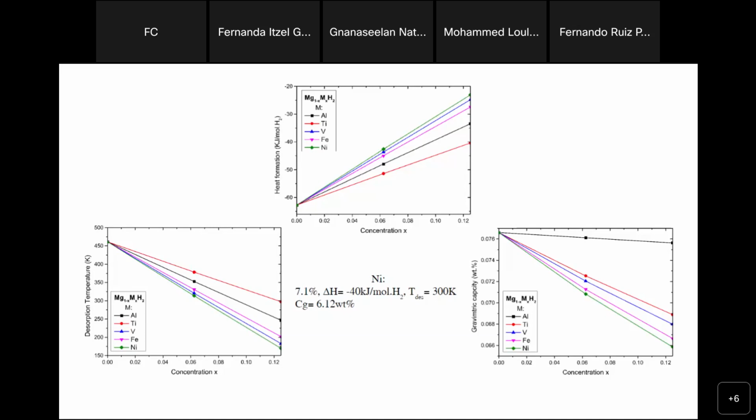We obtain a formation enthalpy equal to 140 kilojoule per mole of hydrogen, a desorption temperature of 300 Kelvin, and a gravimetric capacity of 6.12 weight%. Such values meet the required values advised by the Department of Energy. Please, next slide.